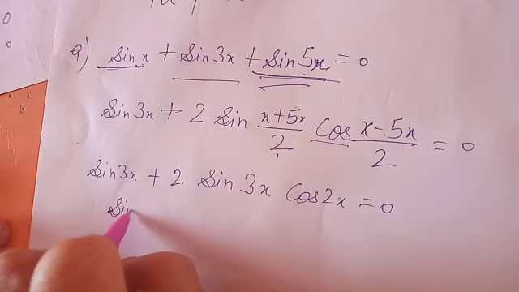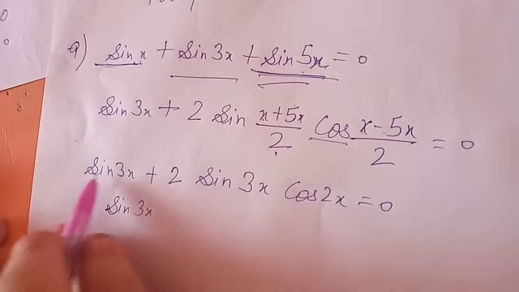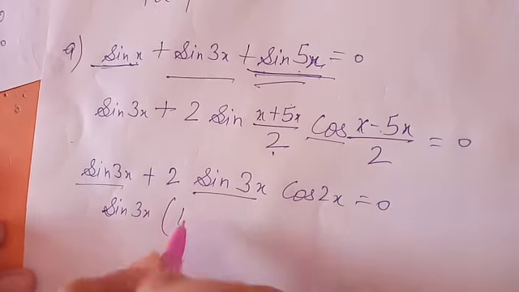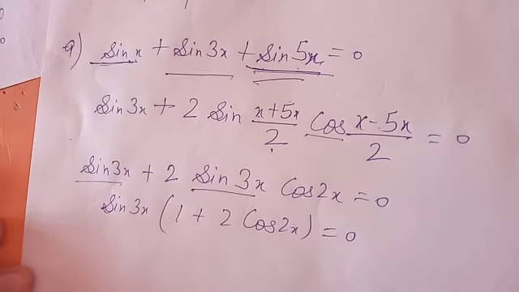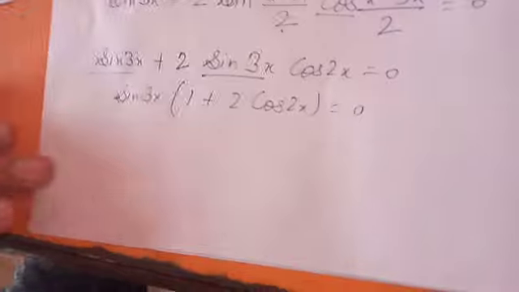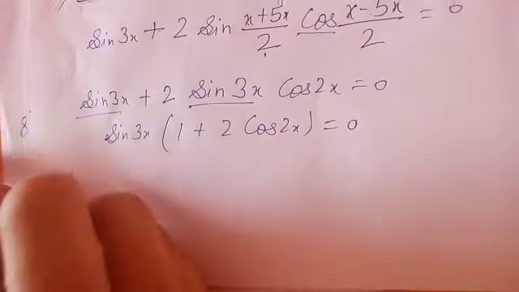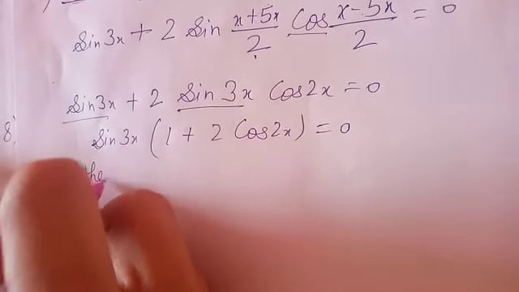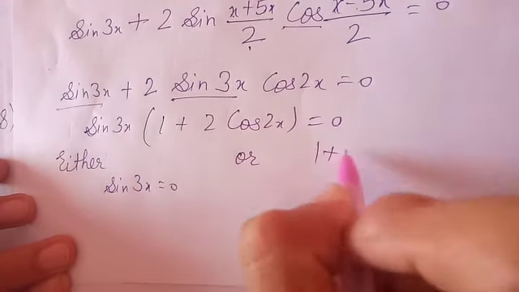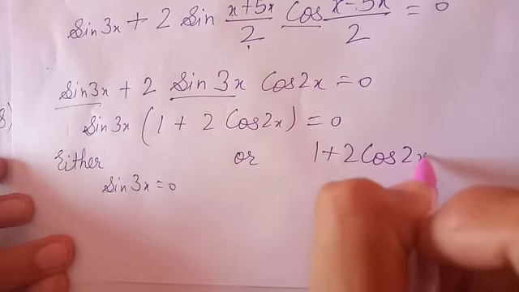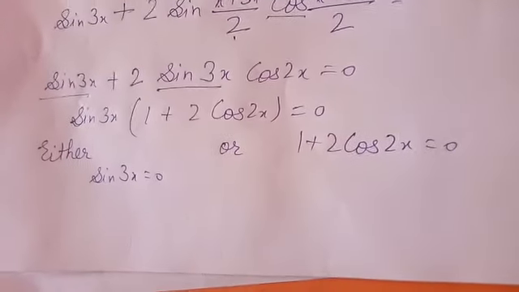So sin 3x we can take common, and we get sin 3x times (1 plus 2 cos 2x) equal to 0. So either sin 3x is 0 or 1 plus 2 cos 2x is equal to 0.